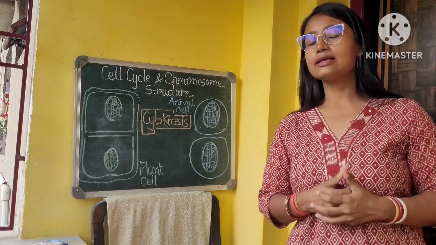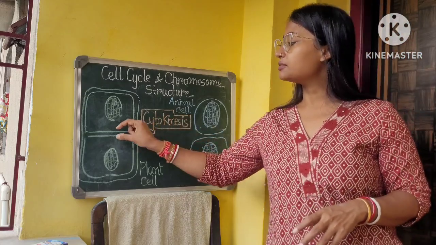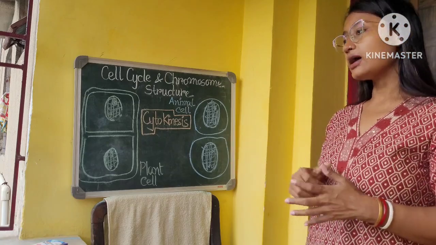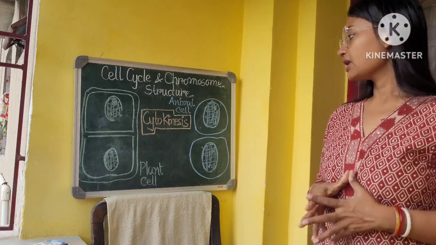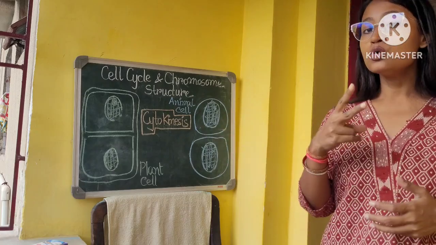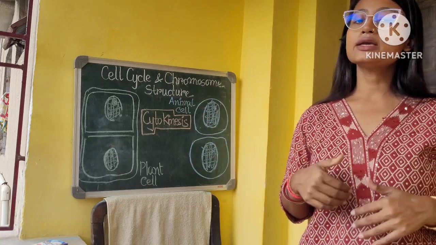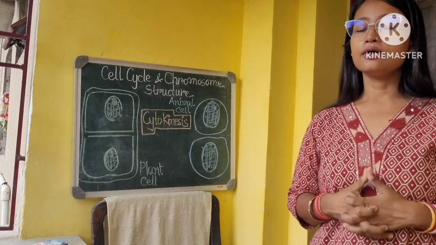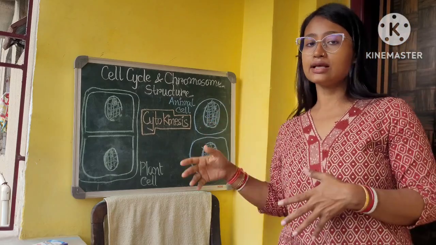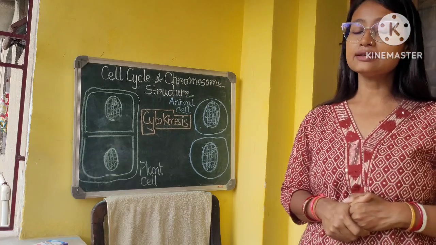But in the case of plant cells, they don't separate from each other. Just a cell wall appears between the daughter cells, and thus the cytokinesis, or the cell division, is completed. As the cell division is completed, we get two new daughter cells in the case of animal cells or plant cells, and as we get daughter cells, the new cell cycle for these new cells starts. So this was the first topic, cell cycle.